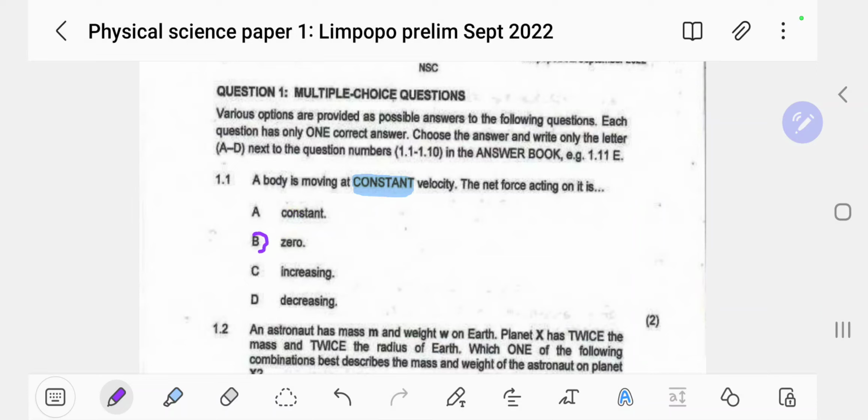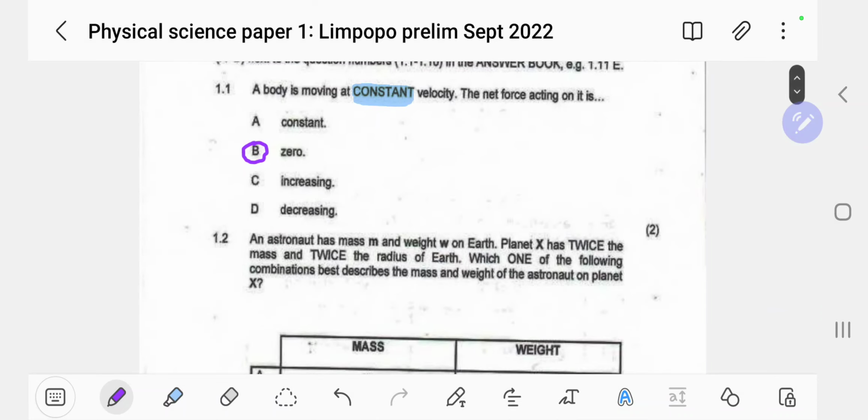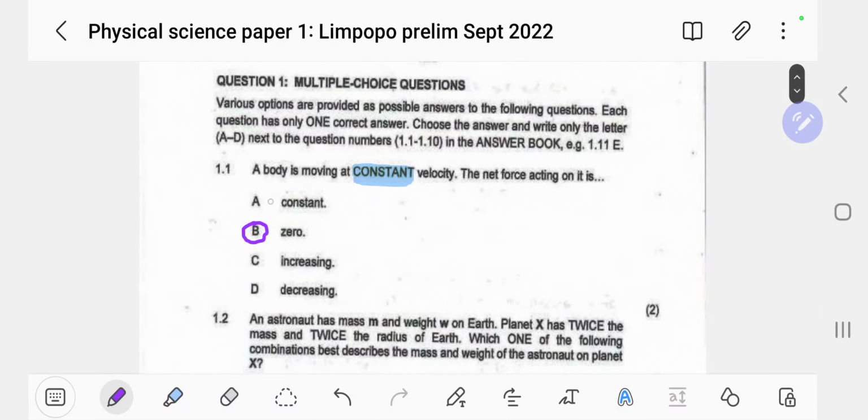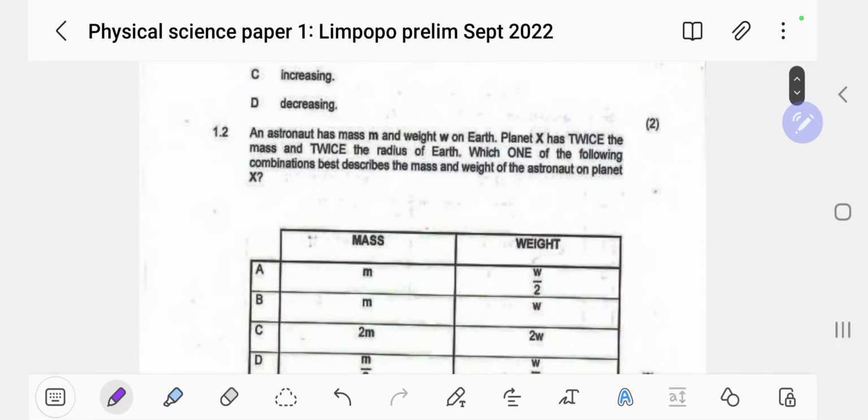So questions like these, if you interpret a little bit of the statement that you're given, you already have an answer. You're not going to be wasting your time with other things like figuring out what those are. You already know that once there's a constant velocity, it means the net force is 0 because the acceleration is 0. So the rest is not important.